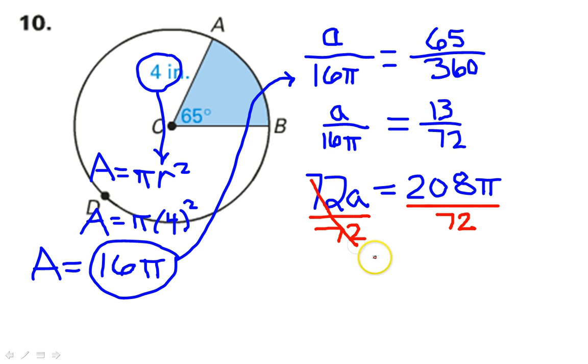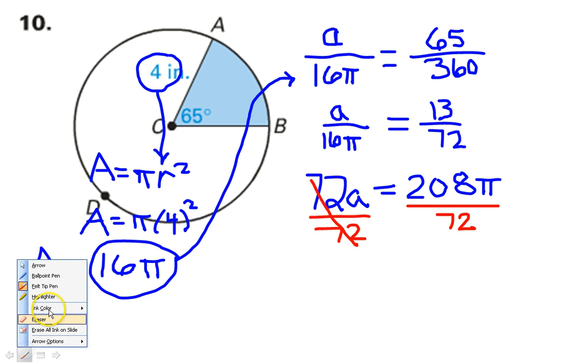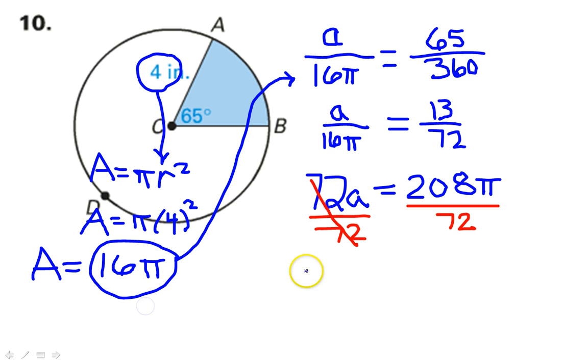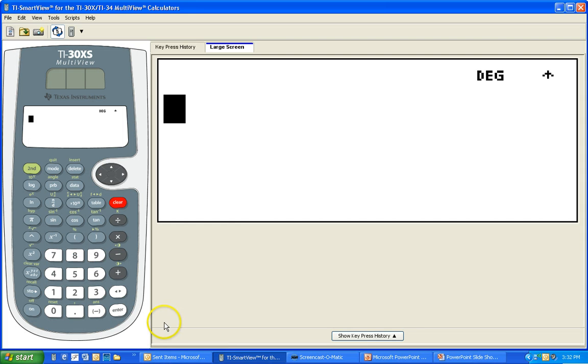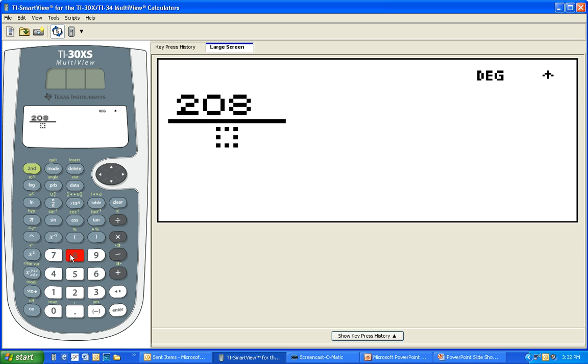Now, sometimes you will be asked for an exact answer. If you're asked for an exact answer, that means it's not time for decimals yet. When you put this in your calculator, do you get a reduced fraction at first? See, 208 pi over 72 reduces to 26 pi over 9.